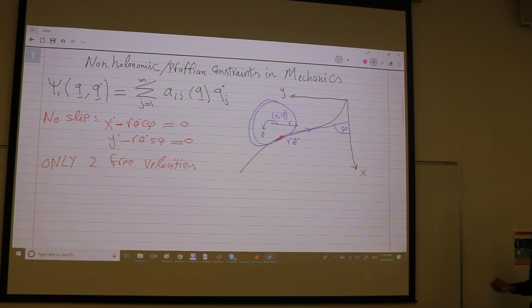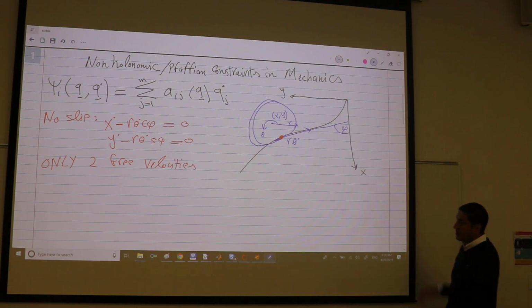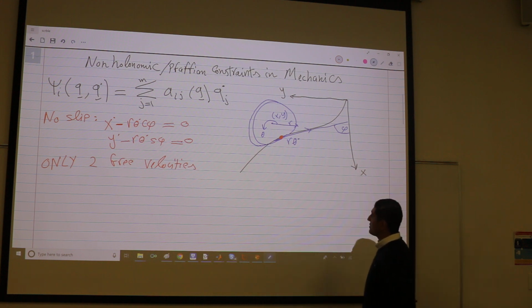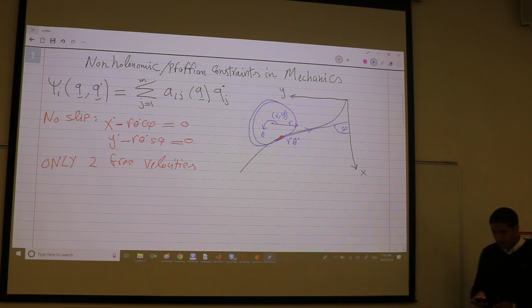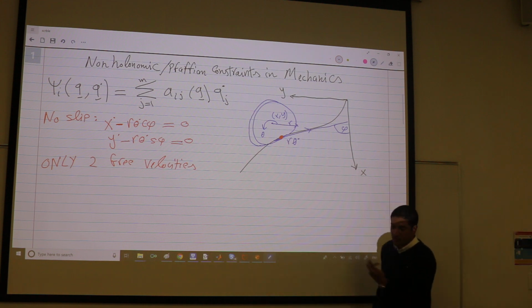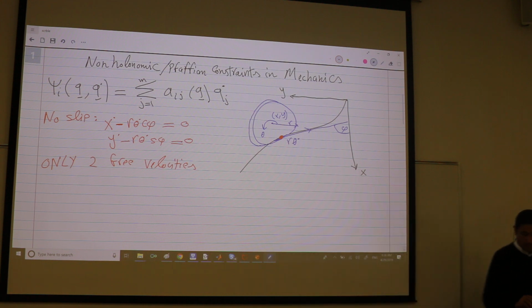If you have only two free velocities, a legitimate question is, can you reach any given configuration x, y, r, and theta? This is a very legitimate question, right? And you answer that by checking the integrability of these constraints. We already did that before. I'm doing a quick review.